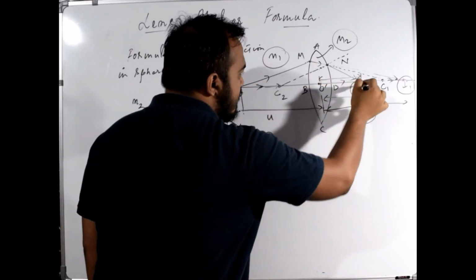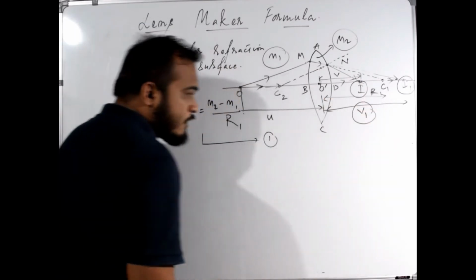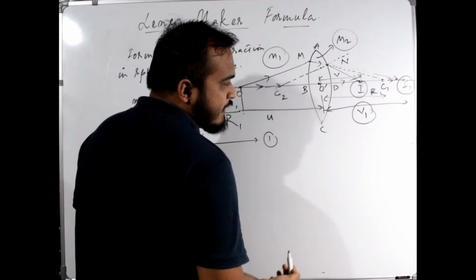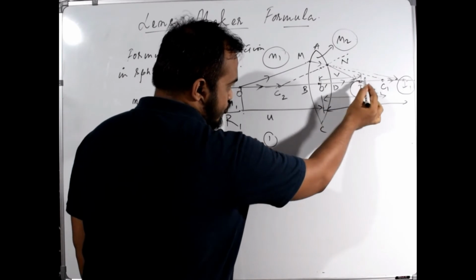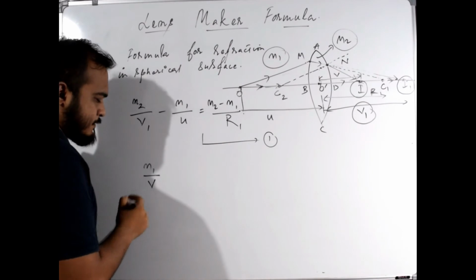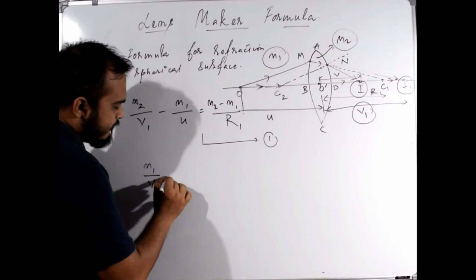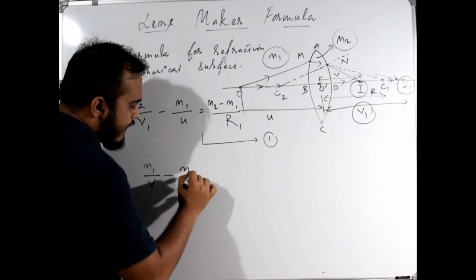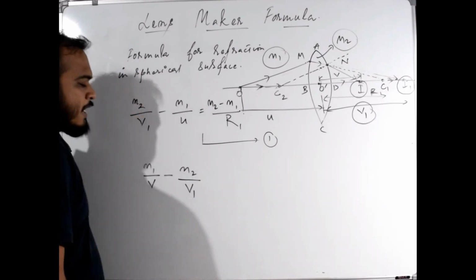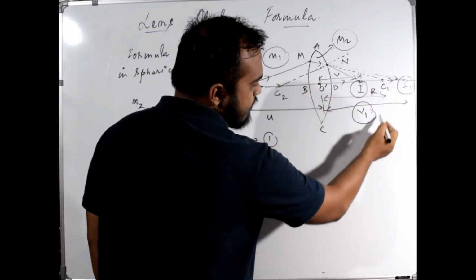We will consider it to be V because I is the final image, so V is the final image distance. So N1 divided by V minus N2 divided by V1. What was V1? V1 was this one.